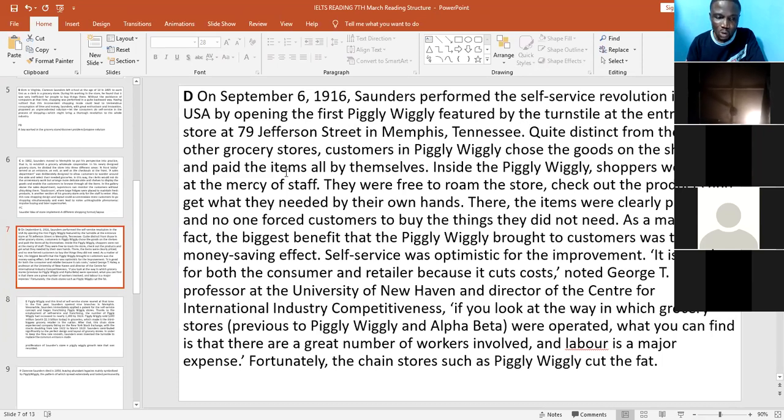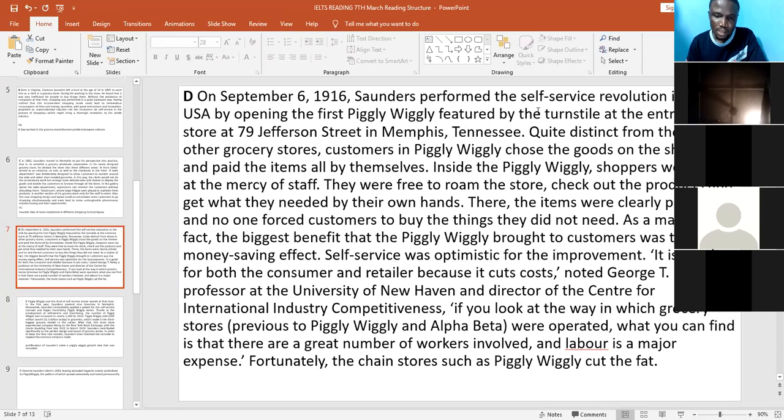Quite distinct from those in other grocery stores. It's now comparing them with other grocery stores. Customers in Piggly Wiggly chose the goods on the shelf and paid for the items all by themselves. So it explained that self-service was introduced, then went into explaining how self-service worked.